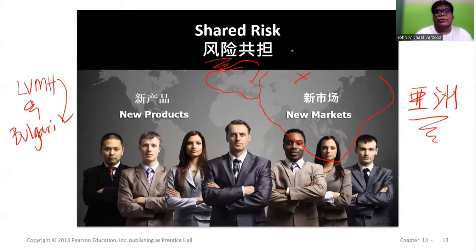So now they're trying to make it a good market. Of course, this is a high risk, high reward scenario.